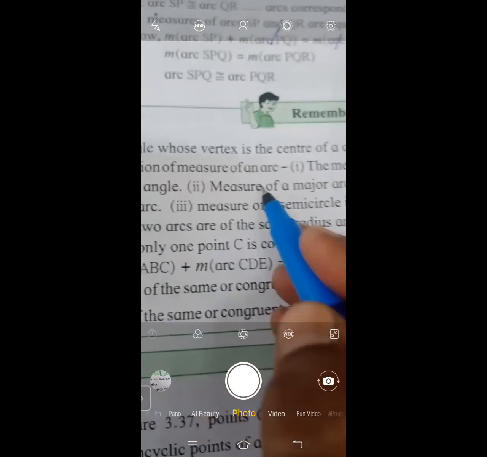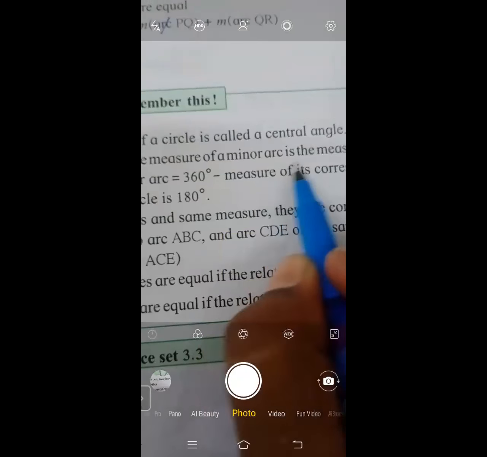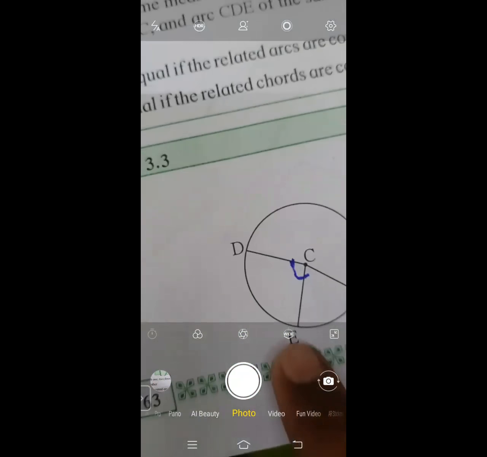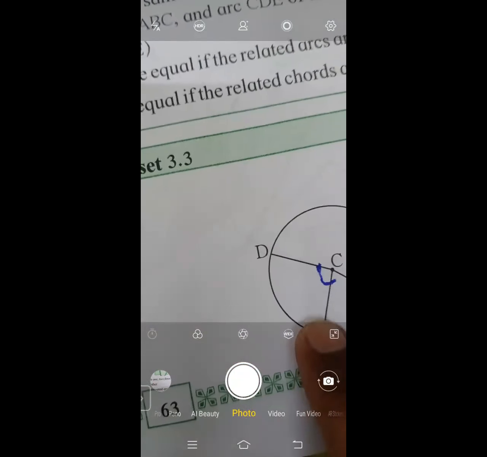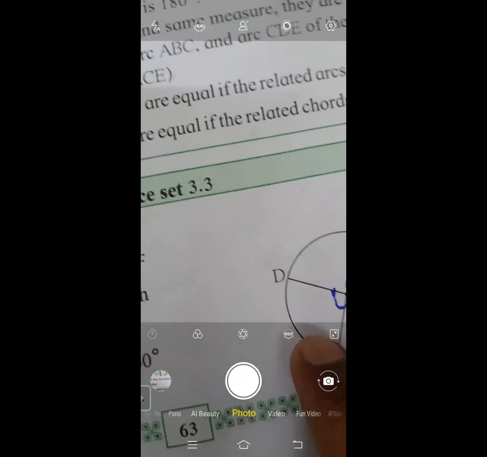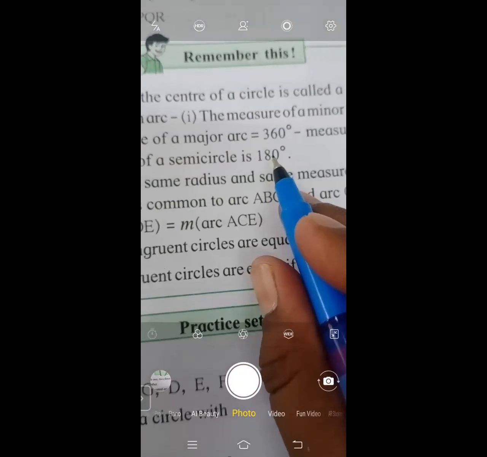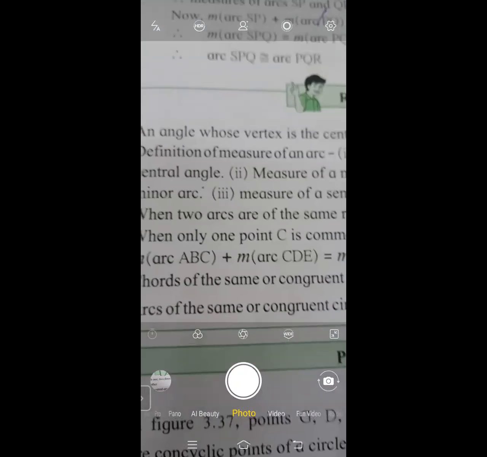Definition of measure of an arc. The measure of a minor arc is the measure of its central angle. Now this is the minor arc, the smallest arc, which we call a minor arc. So its measure will be the same as that of the central angle. Measure of the semicircle is 180 degrees.